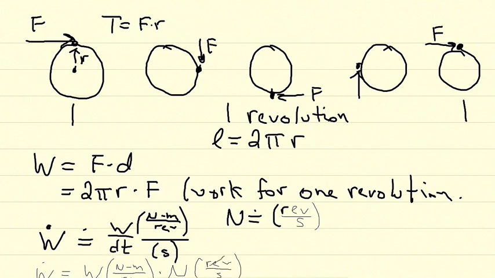My revolutions cancel, and I'm left with units of Newton meters per second. Remember that a Newton meter is also a joule. And so I have joules per second, which is exactly equal to a watt.